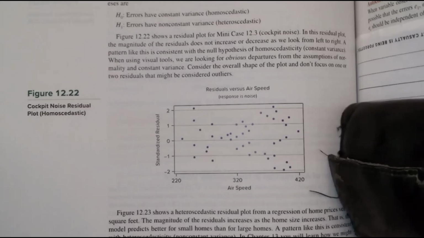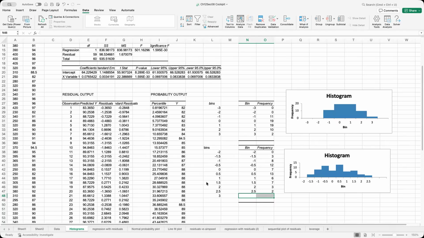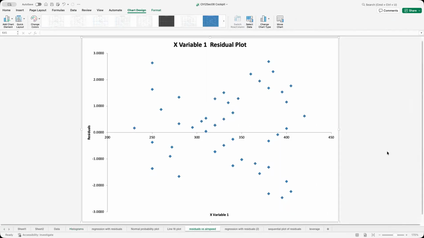Now, I said this was the picture for our setup. But I actually made that picture in Excel. I took our X values and our residuals, plotted them against each other. That's our plot.